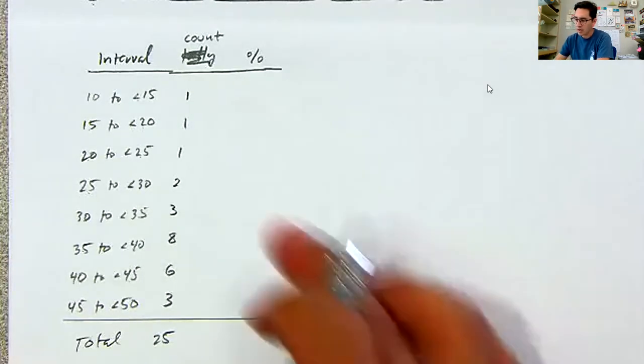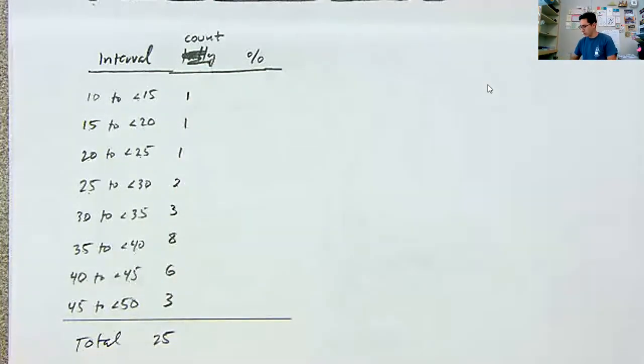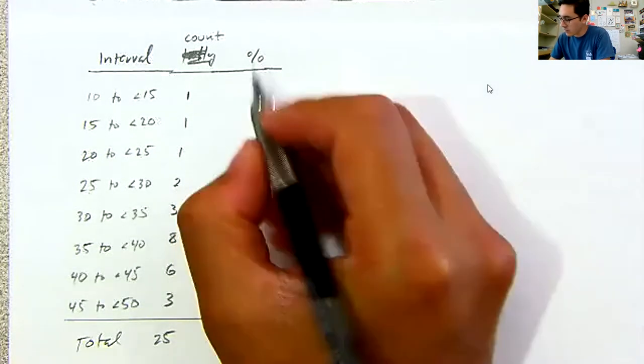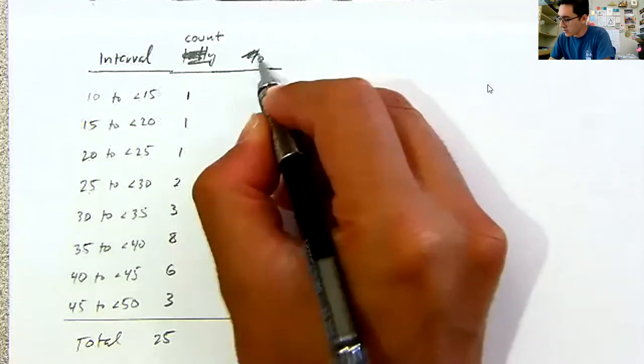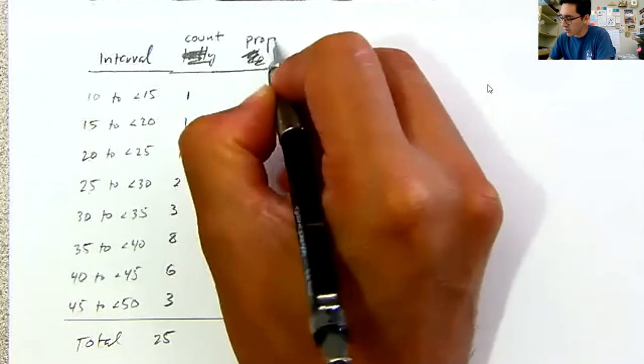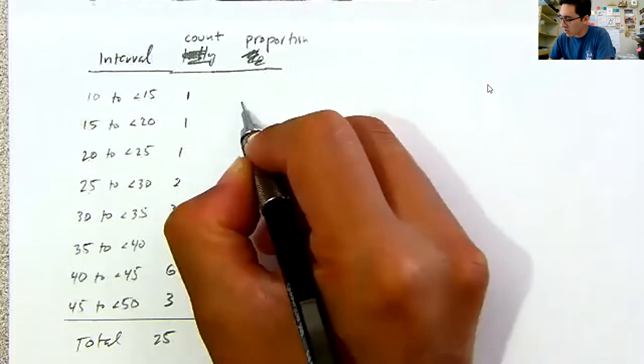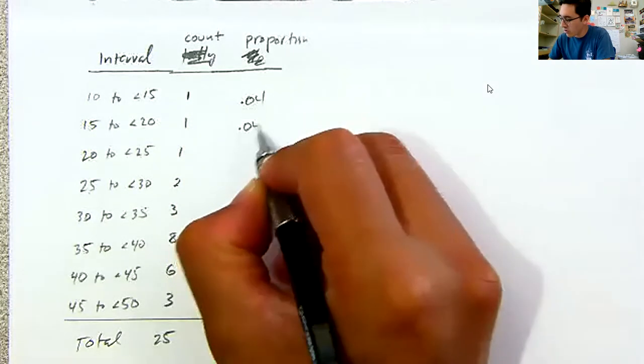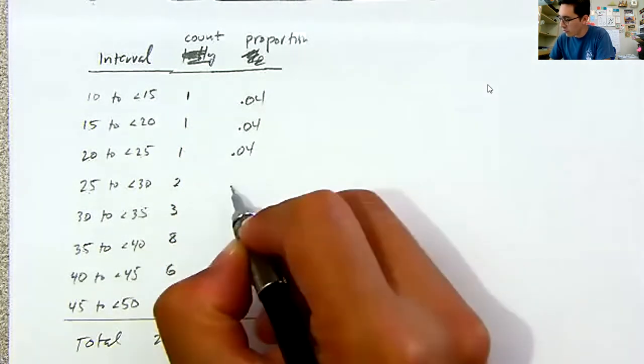All right, so now we'll just divide each of those counts by 25. 1 divided by 25, that's 4%. Let's do proportion, sorry. 0.04, 0.04, 0.04.